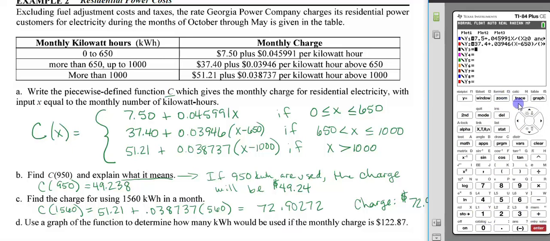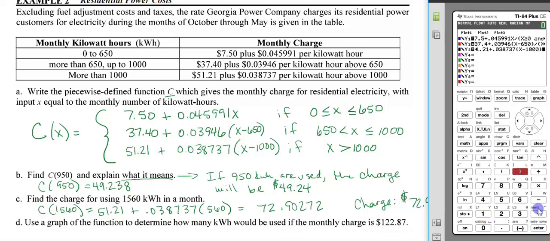And let's see what that looks like. We'll do another zoom fit. There you go. You can see the graph has a slightly smaller slope. Okay, and here we go. We've got 51.21 plus 0.038737 times x minus 1,000.